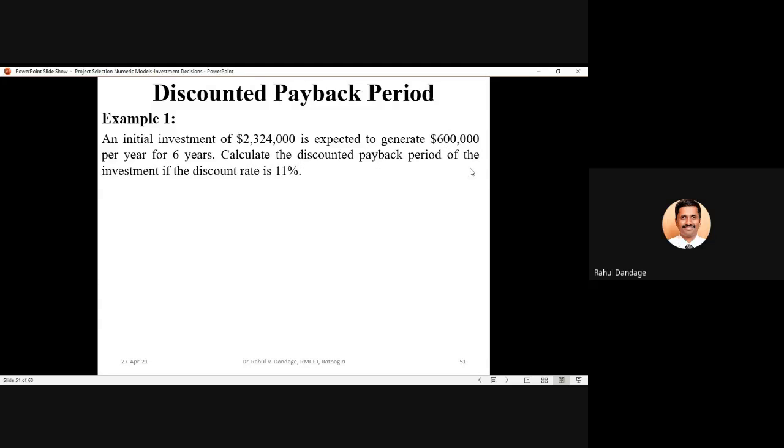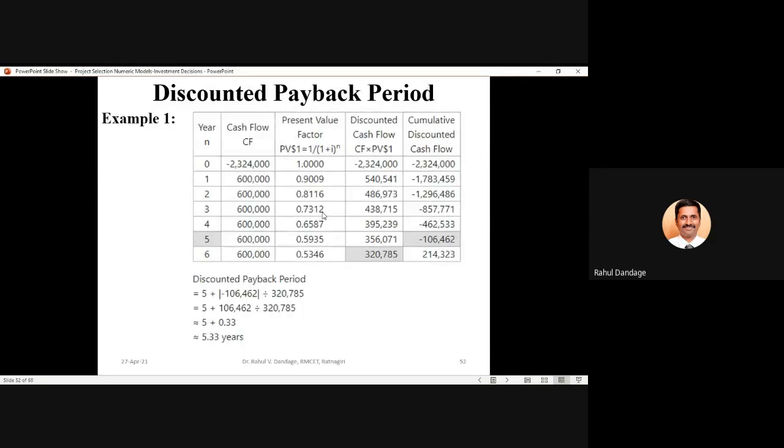Calculate the discounted payback period of the investment if the discount rate is 11%. So in this case, the cash inflows are constant for all the 6 years. The initial investment is given and the cost of capital, or discount rate, is given as 11%. So using this, we need to calculate.